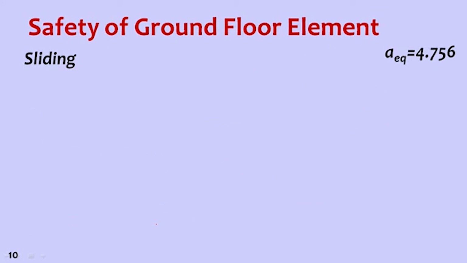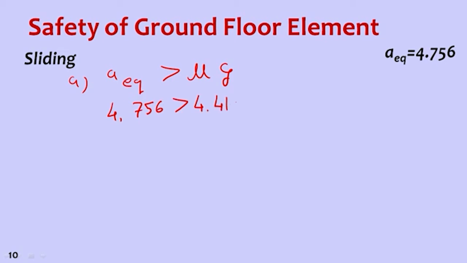Now for sliding, again we have two equations. First equation, we need to check AEQ, which is the ground acceleration, if it is greater than mu into G. So 4.756 compared with 4.415. So this condition is meeting.